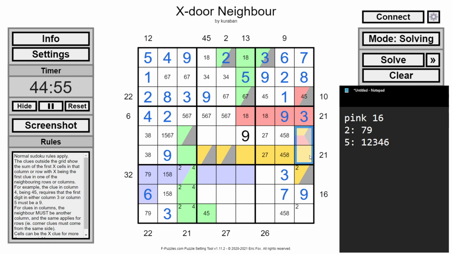What's left in this column? 4, 1, 2, 4, 5, 6. Oh no, I haven't placed a 6 yet. Have I screwed up? Yeah, no, I don't think I screwed up. So this could be a 6. If this is not 6, then there is a 6 in the sum.